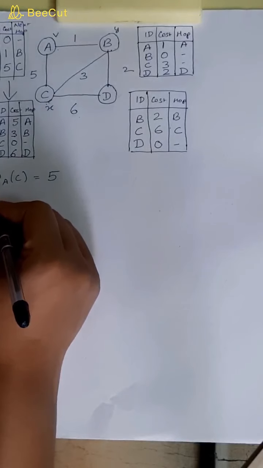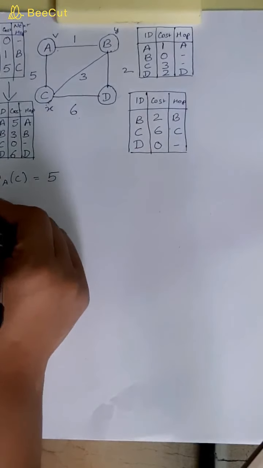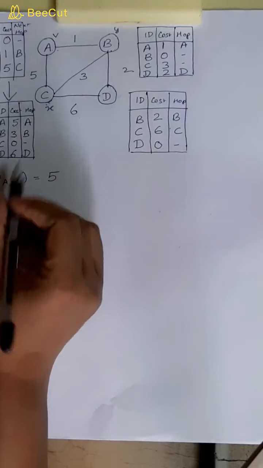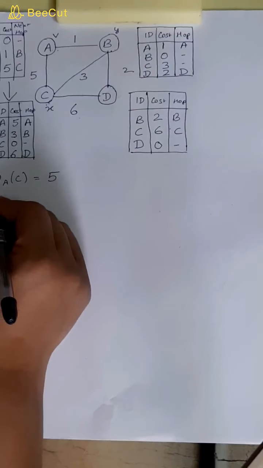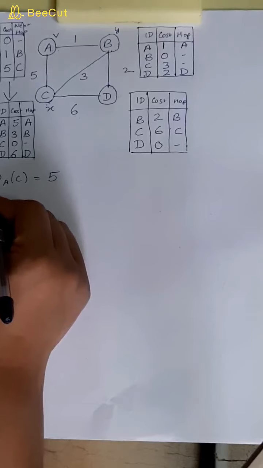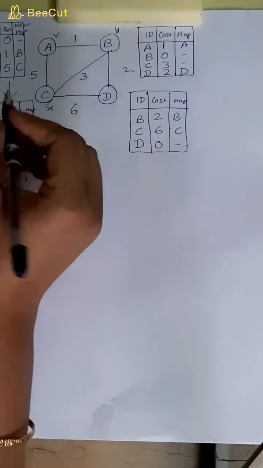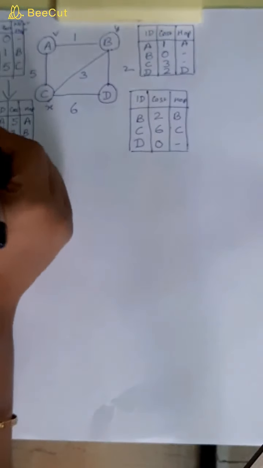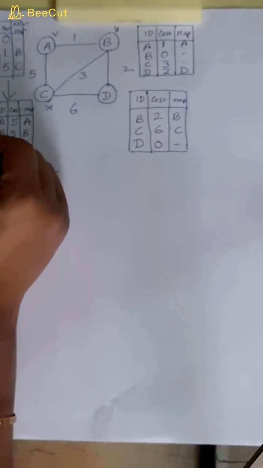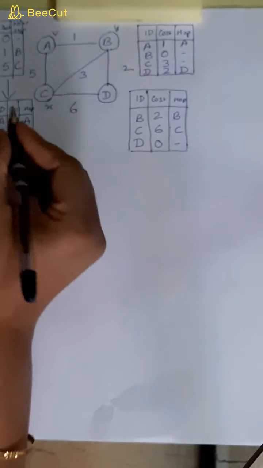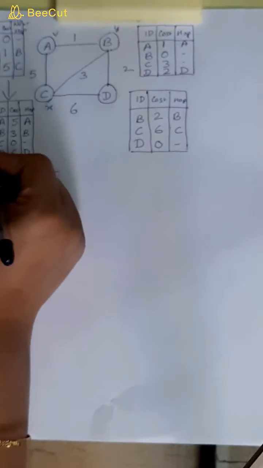Okay, now what you have to do, we have to take distance of C to A plus cost of A. So cost of A is 0. So see, it will be received like this. For A it is received as 0, this value is 0. For B the value is 1. For C the value is 5.